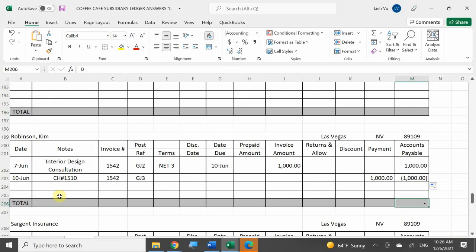This shows me that I have a trail of transactions with Kim Robinson. Number 1 was I received a bill. Number 2 was I paid the bill. So that's what I want you to do from here on out. This is the way that I want you to use the subsidiary ledger: for every transaction that occurs with a particular vendor, you're going to insert a new line for every transaction.